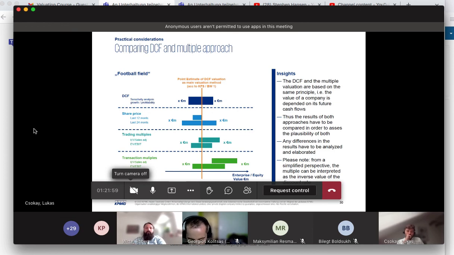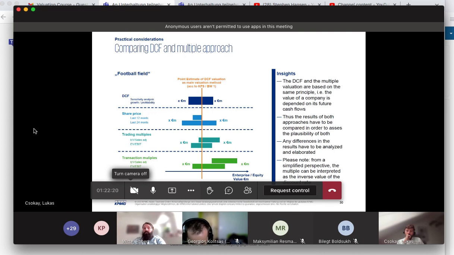Then you show your DCF valuation on one page, right? You show the cash flows, the present values, and the terminal value, and then you describe your main assumptions, meaning the EBITDA margin in the terminal value and so forth, and then you present your multiples, and then you end up with that picture.